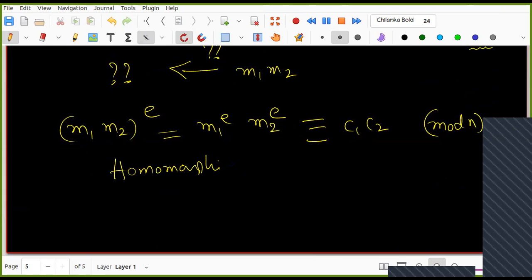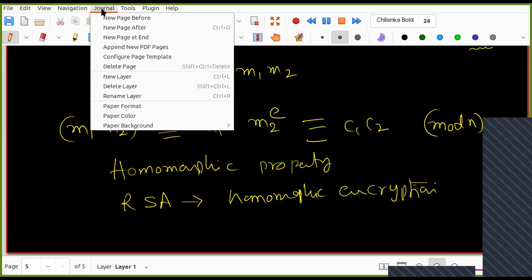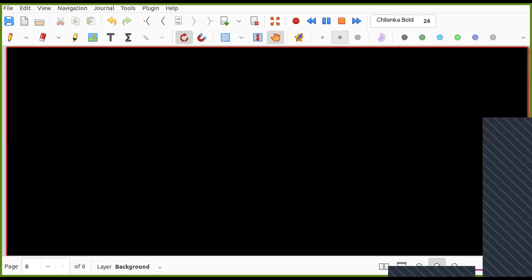So this is called the homomorphic property. So RSA is a homomorphic encryption. Why is this useful? Can somebody help me? Otherwise, I'll tell.